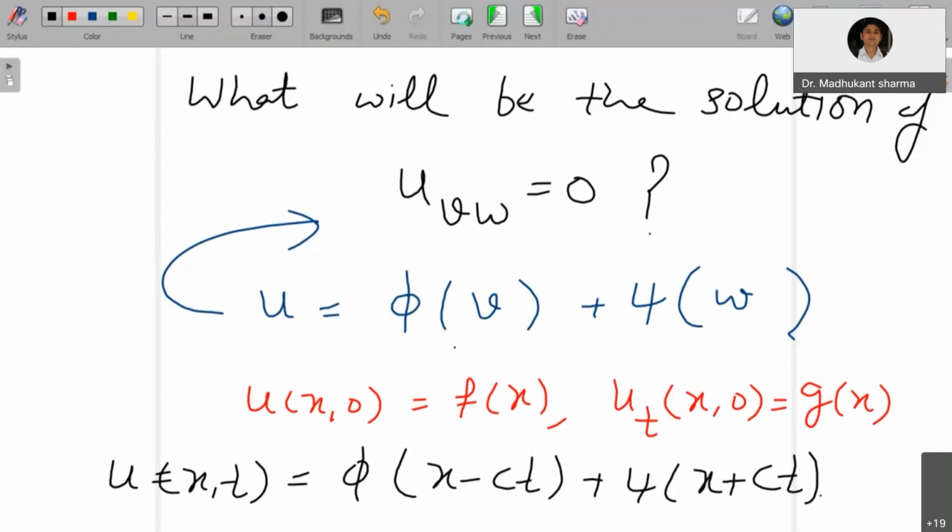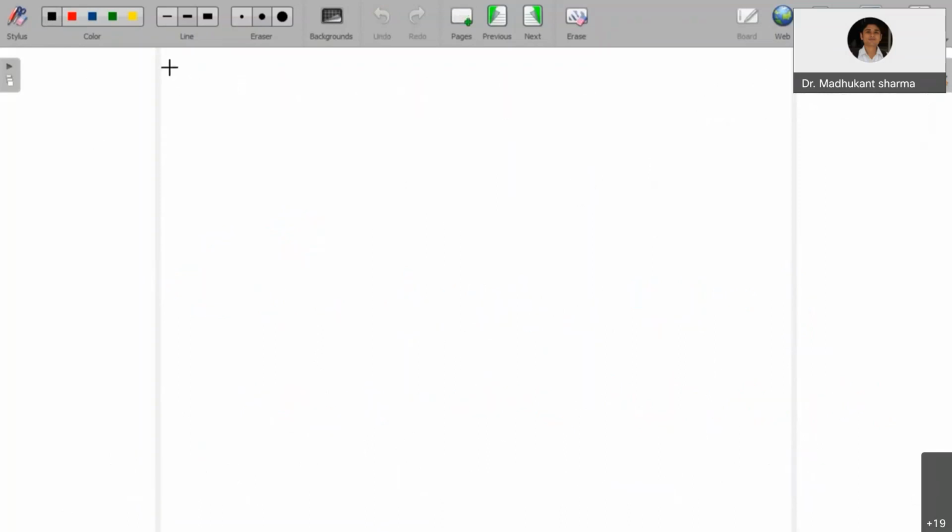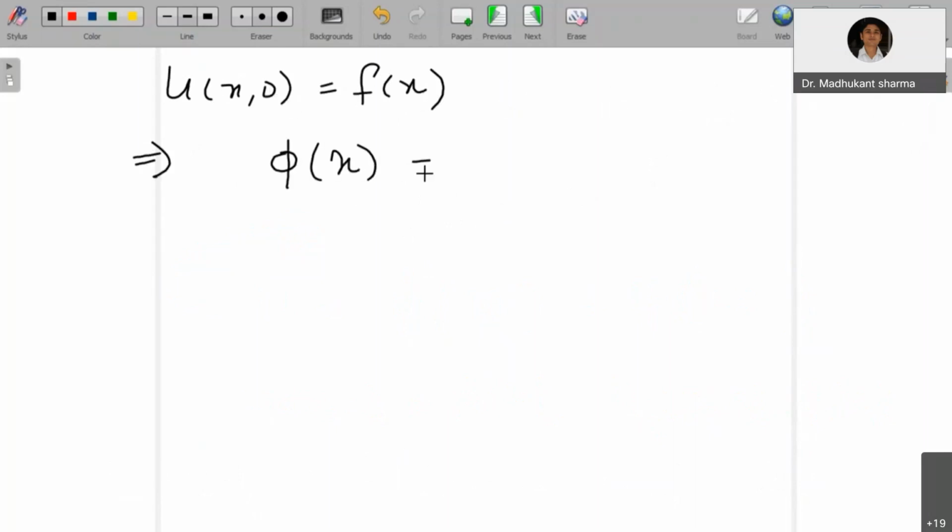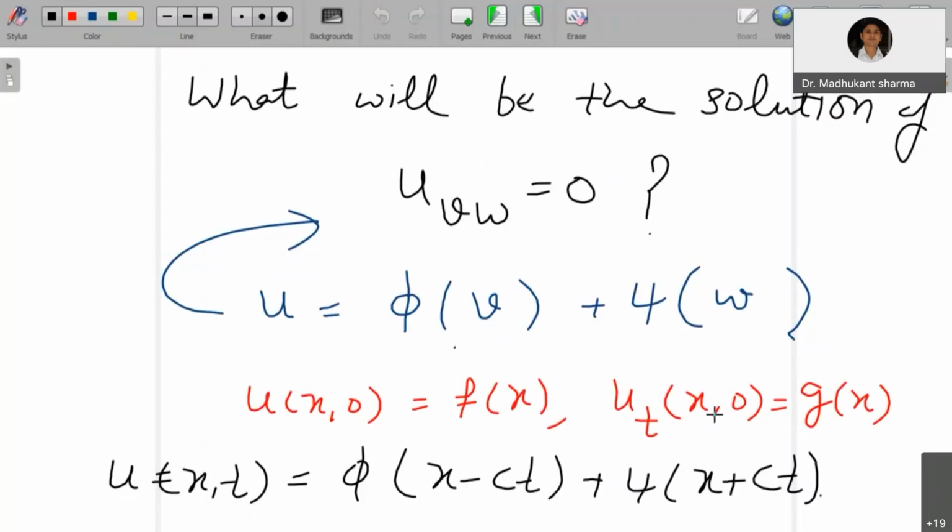The initial condition u at (x, 0) equals f of x implies, replacing t equals 0, phi of x plus psi of x equals f of x. It's very straightforward, since c times 0 is 0.